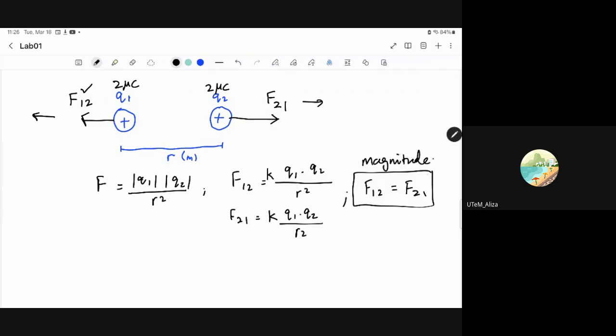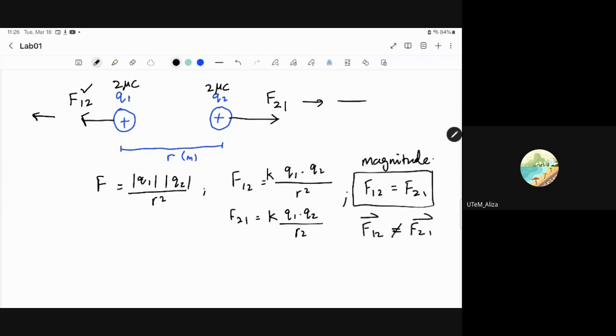But when you are talking about the direction, the direction of F12 is not equal to the direction of F21. How do you measure the direction? Let me redraw.